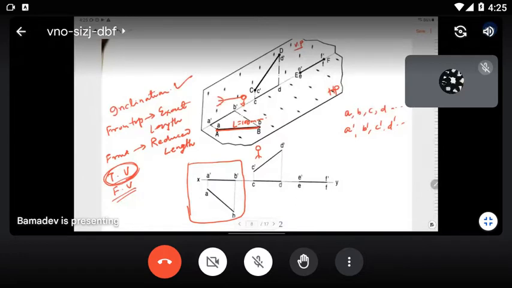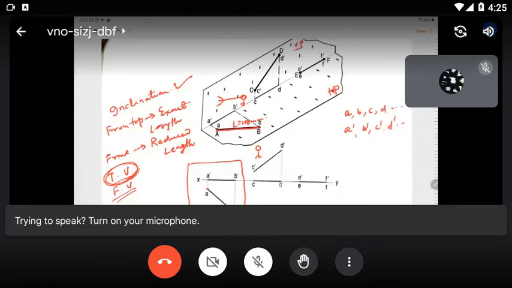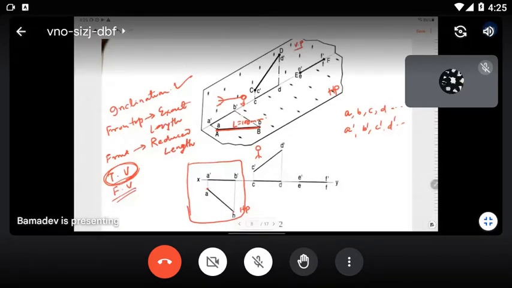The top view is drawn first since it is parallel to the horizontal plane, and this is projected here to draw the front view.